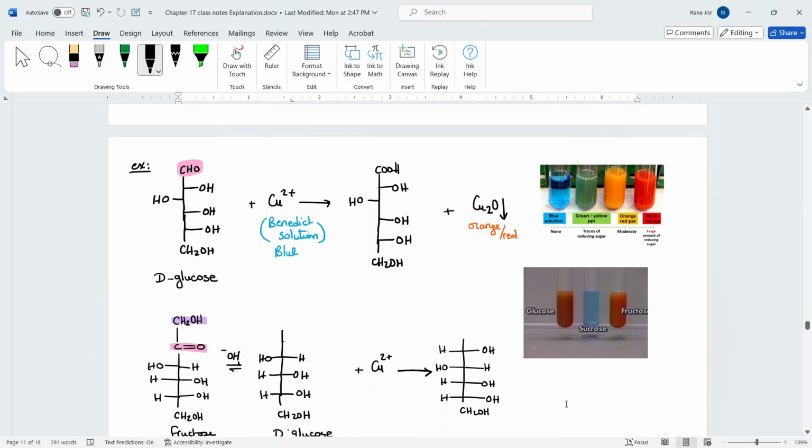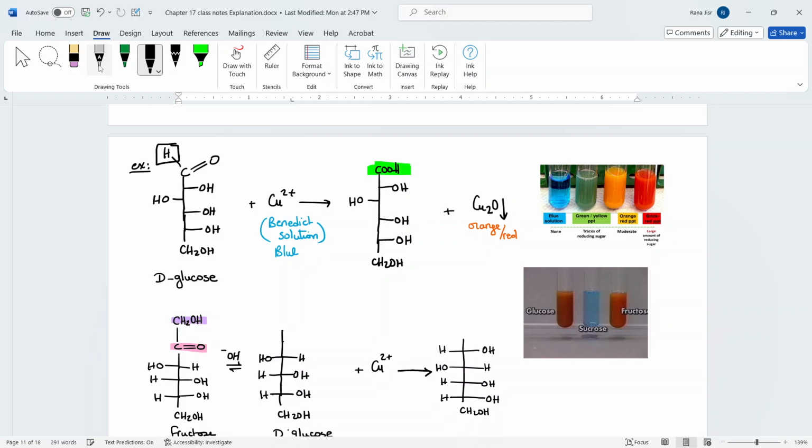So let's go ahead and have an example. We have here an example of an aldohexose. This is an aldehyde. We react it with Benedict solution. This is a copper hydroxide solution which is blue. By definition, aldehydes are oxidized into a carboxylic acid. This is an old reaction that we talked about: you have your carbon double bond O and the hydrogen.